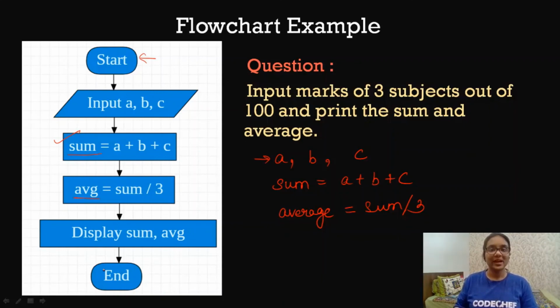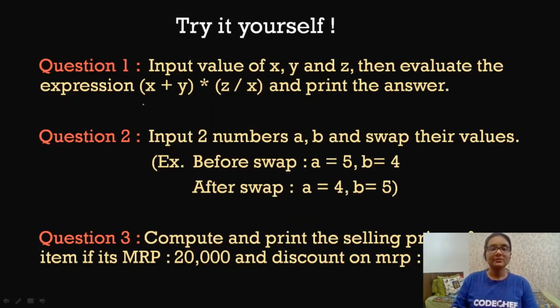Now for you to practice, I have some questions ready for you. I hope that it will be helpful in understanding how to make the flow of these questions and how to represent them in a flowchart. So these are some of the questions that I have prepared for you for your practice. The first question is that you have to input the values of x, y and z. These are three values.